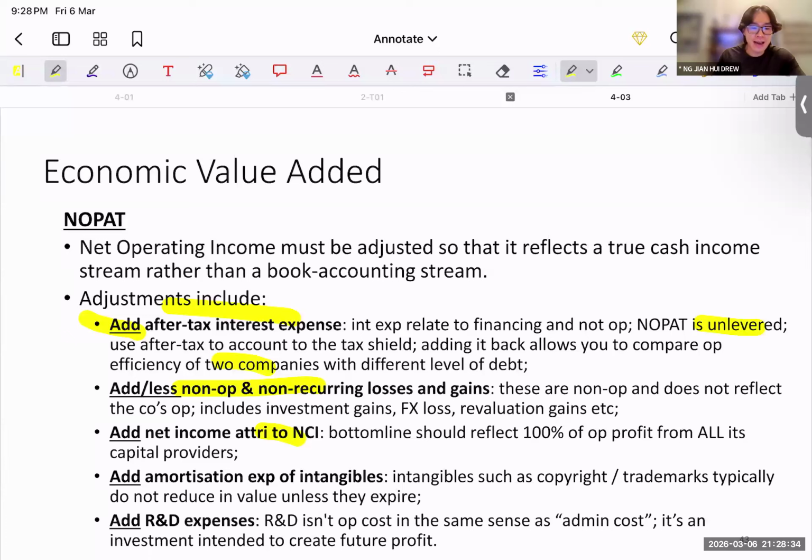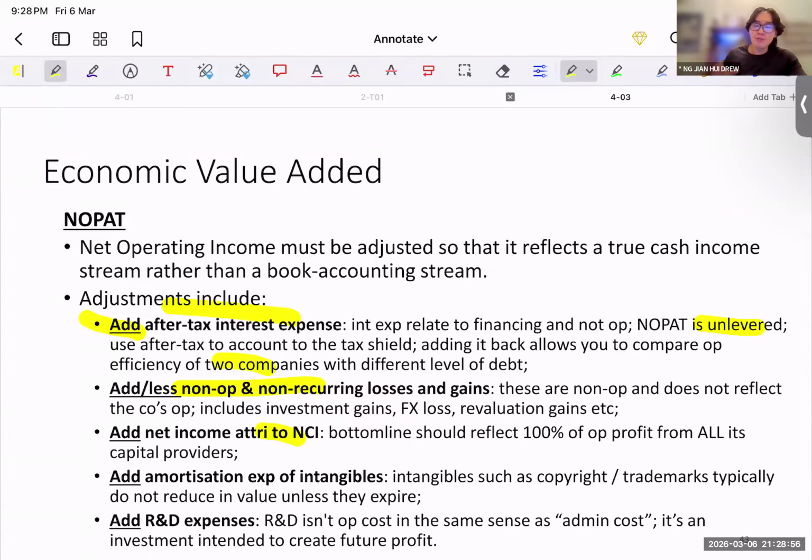So this is the reason why I edited this slide a bit, to show you why NOPAT is actually not equal to net income or to your EBIT times one minus tax. Because when you think about it, EBIT times one minus tax, isn't that like net income, right? It's so funny. But it's very theoretical.